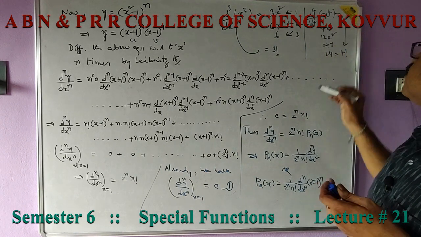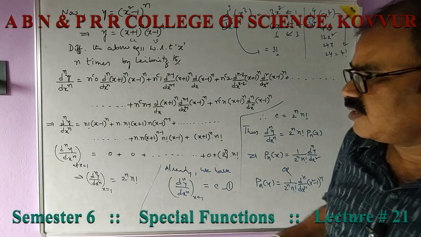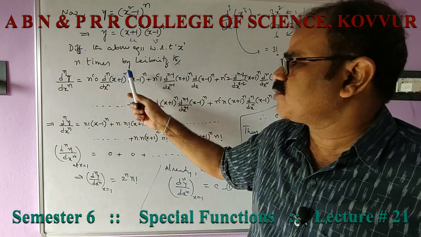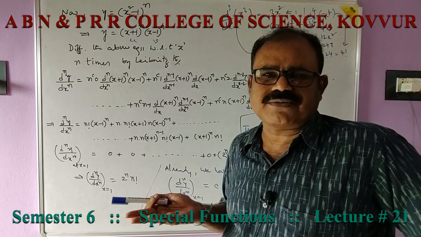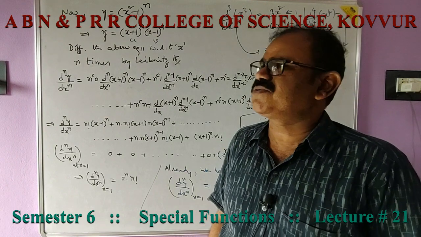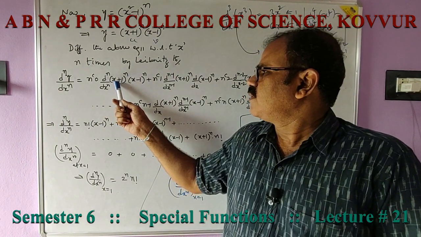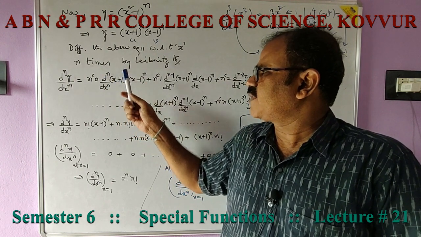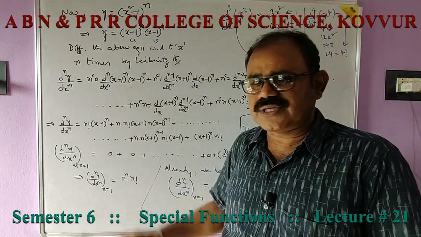So the fourth derivative of x power 4 is 4 factorial. In the same way, (x plus 1) whole to the power of n, x plus 1 or x power n, doesn't matter. Why? Because the nth derivative of x plus 1 or x is the same. So the nth derivative of (x plus 1) power n is n factorial.